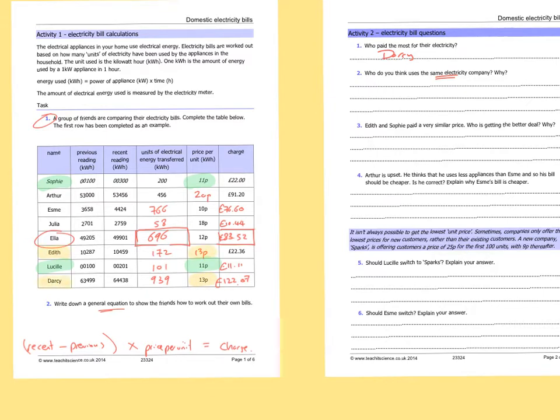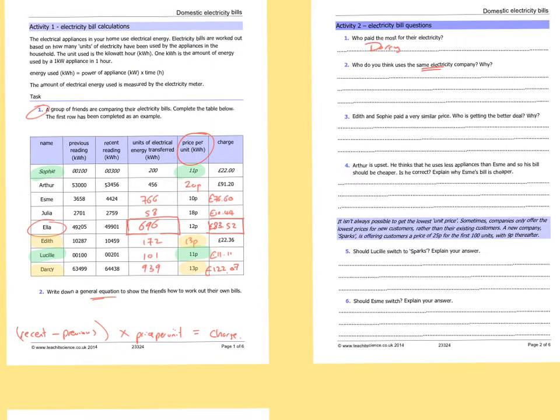So Edith and Darcy are also likely to be with the same company. So for question 2, you've got Sophie and Lucille, because they're paying the same price per unit, but also Edith and Darcy, because they're also paying the same price per unit.